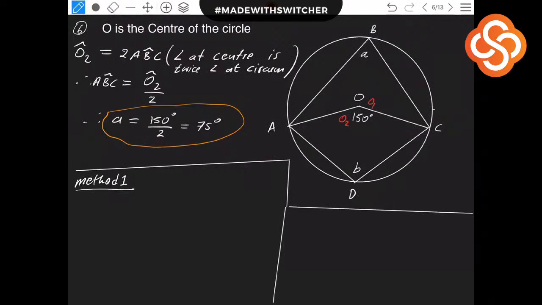Method 1. If you add O2 plus O1, it should give you 360. The reason for this is angles around a point.